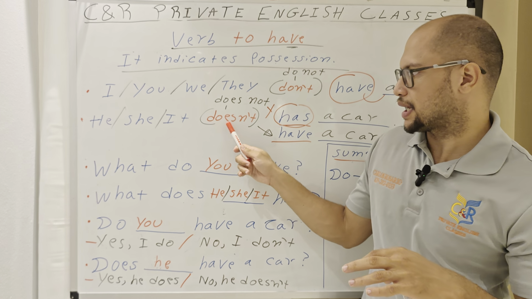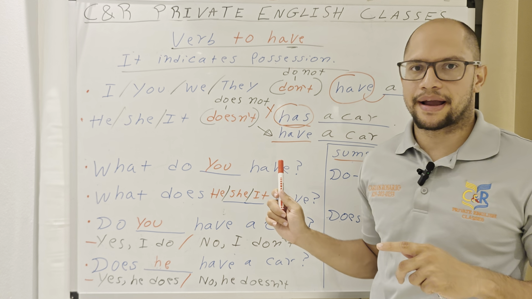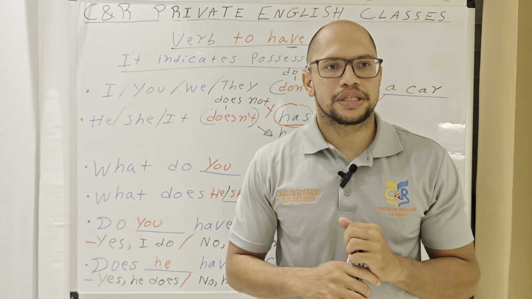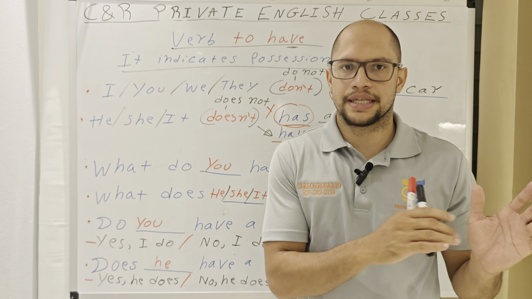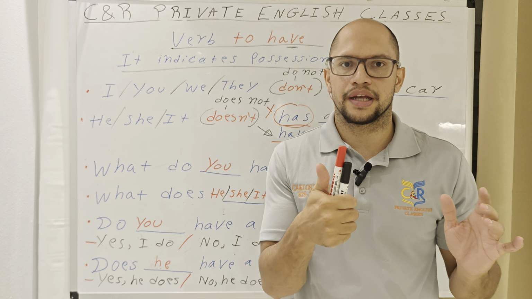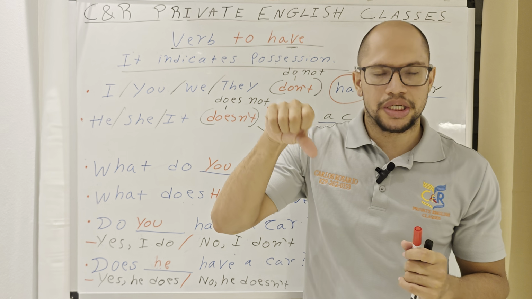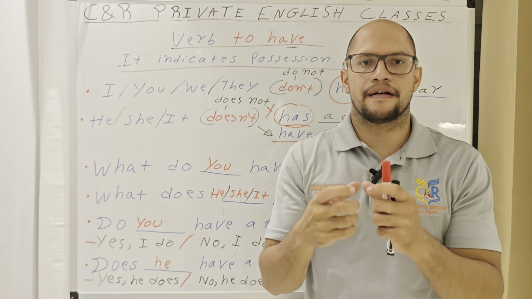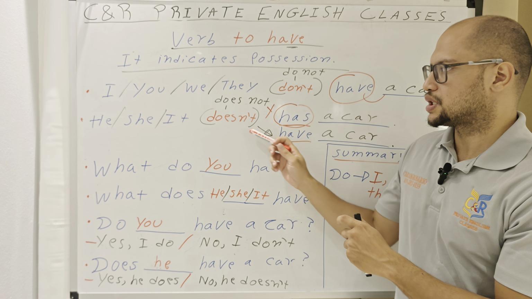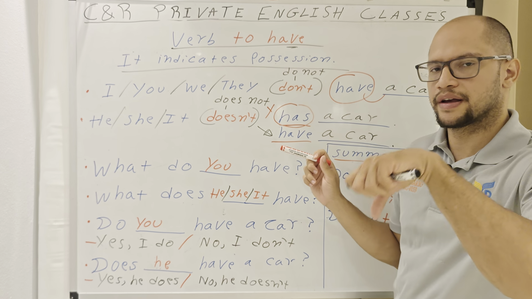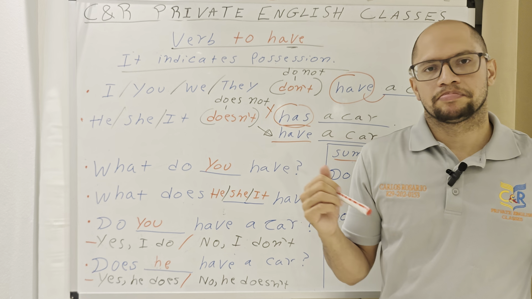He doesn't have a backpack. She has a boyfriend. Negative. She doesn't have a boyfriend. She has a boyfriend. She doesn't have a boyfriend. Good.